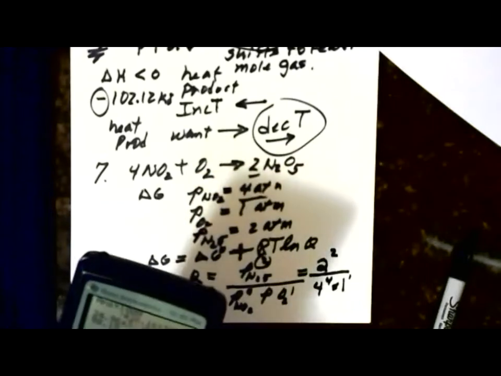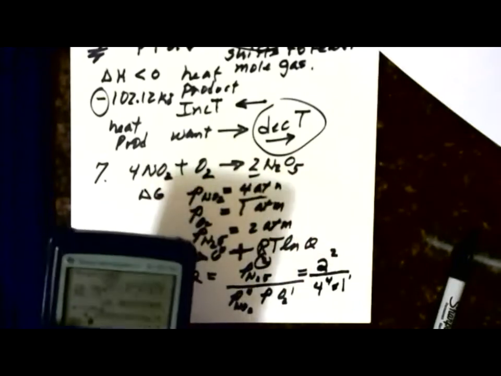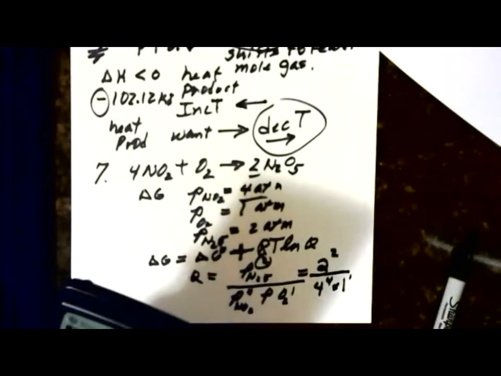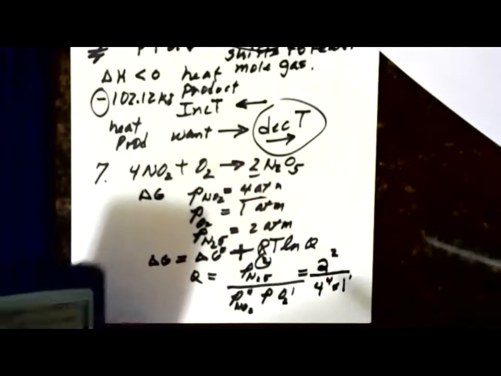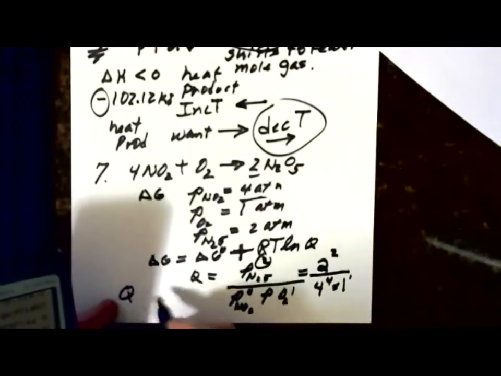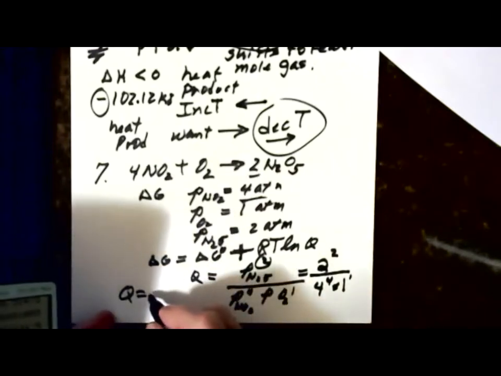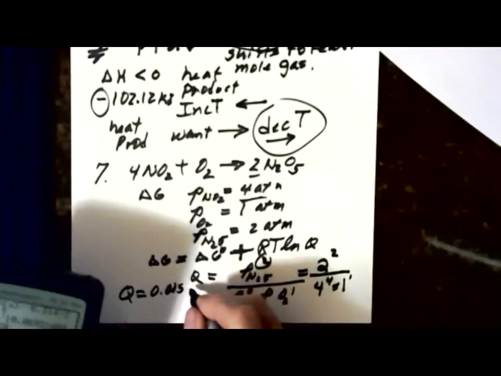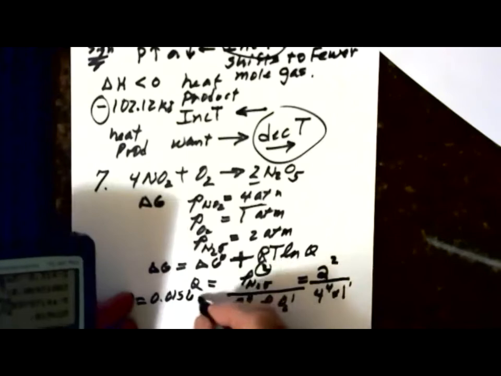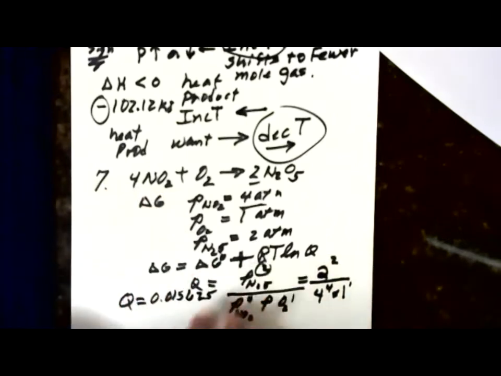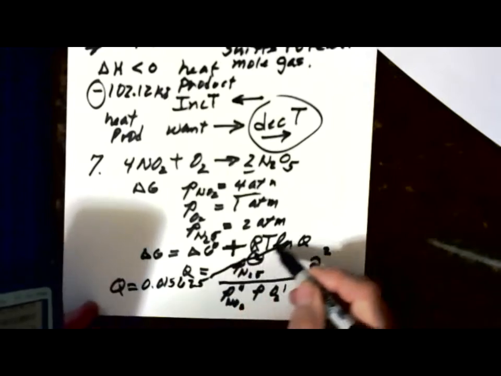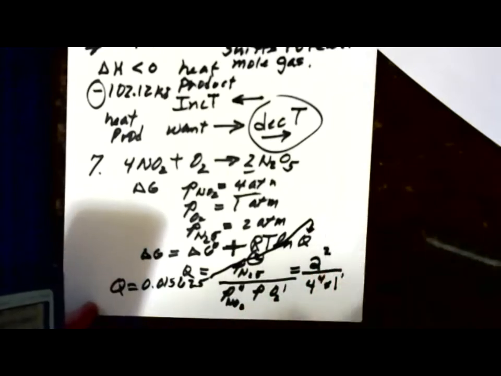I can take 2 squared and divide by 4 raised to the 4th power. Divide by 1 to the 1st power doesn't do anything. So what I'm coming out with for my Q is equal to 0.0152625. Okay, so there's my Q value. That goes in right there.